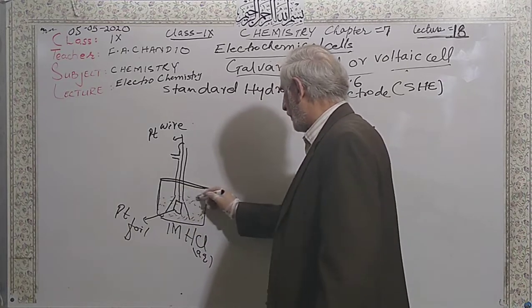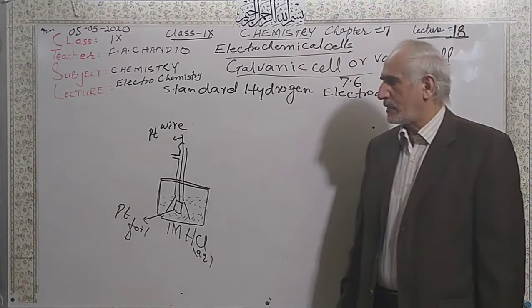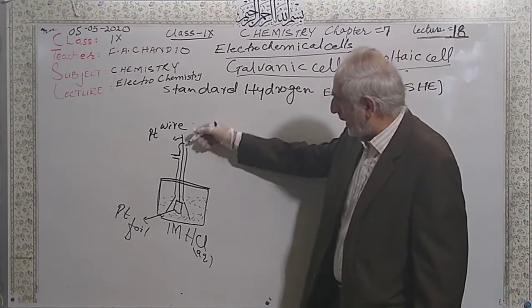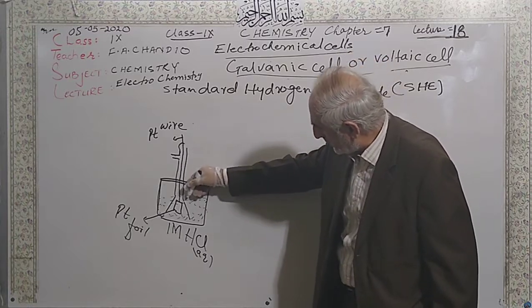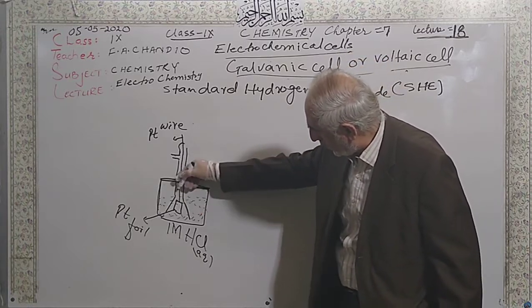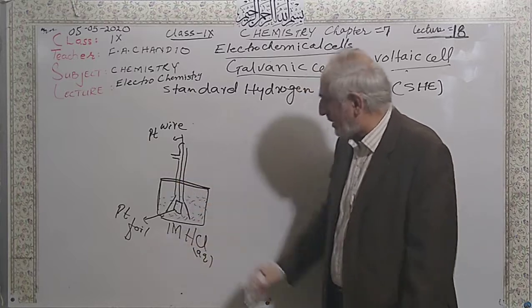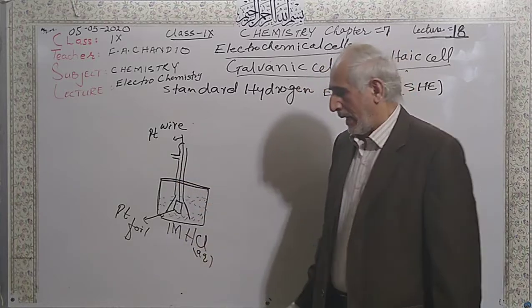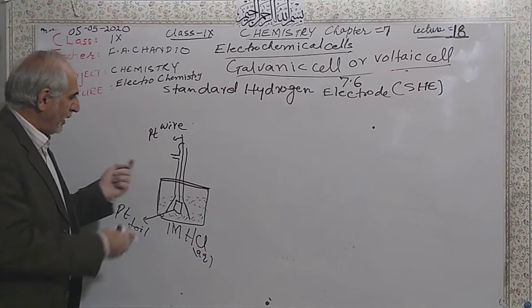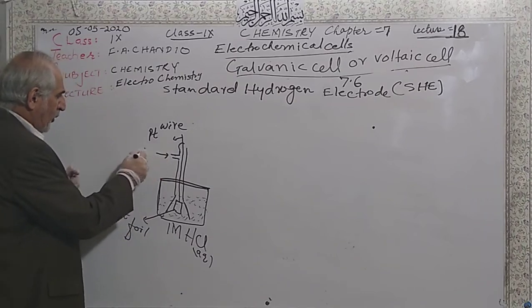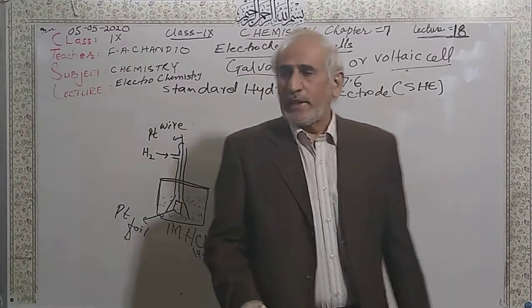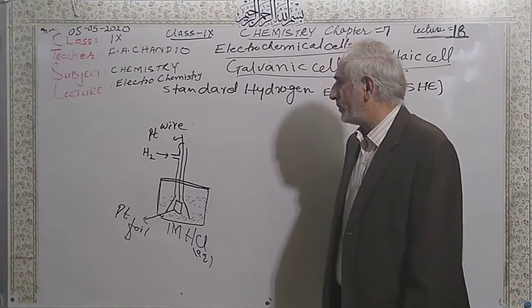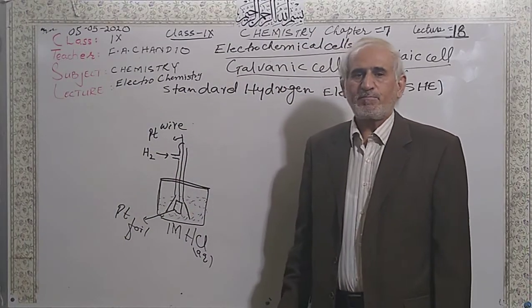This is the platinum wire and this is a glass sleeve made up of glass. The whole outside is glass. Now from here, hydrogen gas is passed inside.